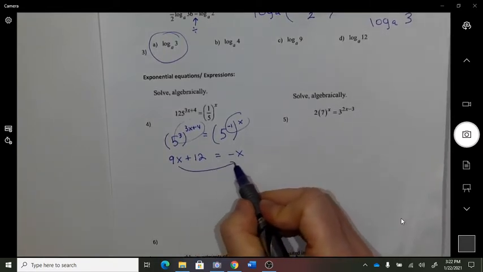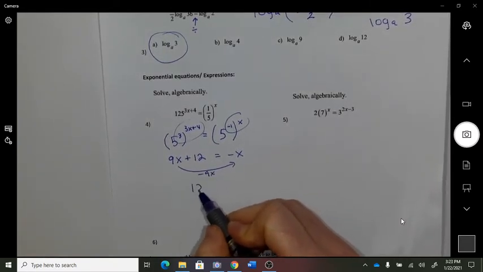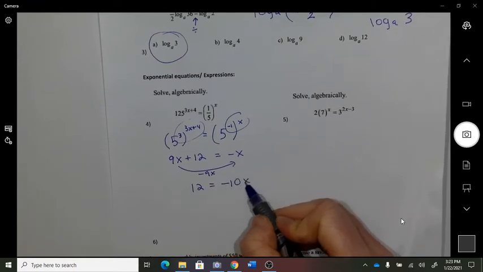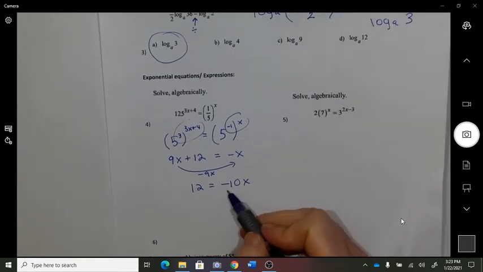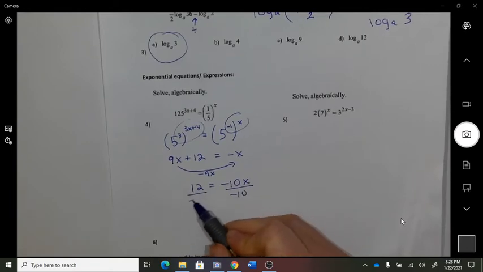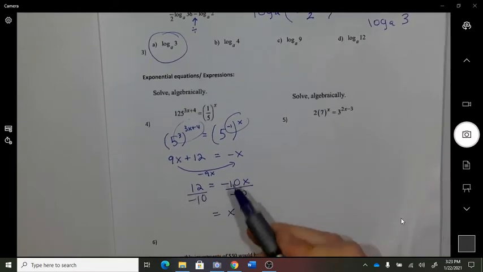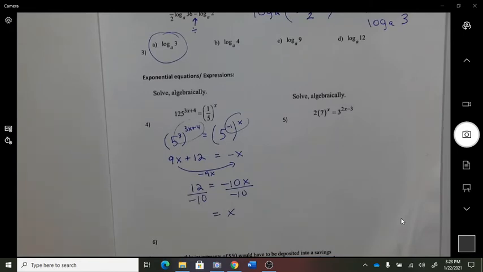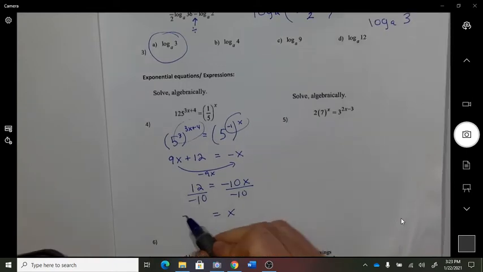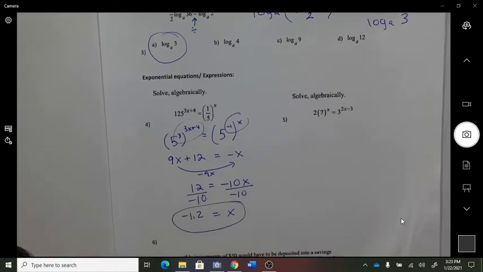So let's minus 9x. And then I would divide by negative 10. And to be honest, that is fine if you just leave it like that, or you could have reduced it, or you could make that a decimal.